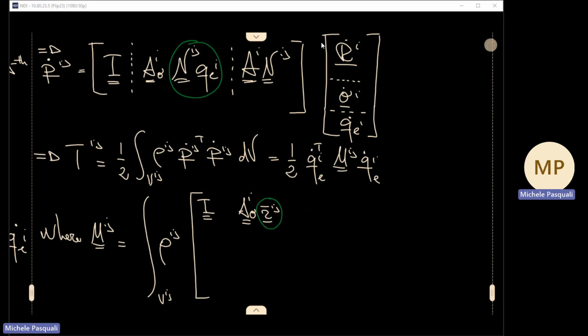And then we have A I N I J. Then we have R I J transposed applied over R bar I J, and then R I J applied over what we have already introduced, this matrix I tilde, and A I J.